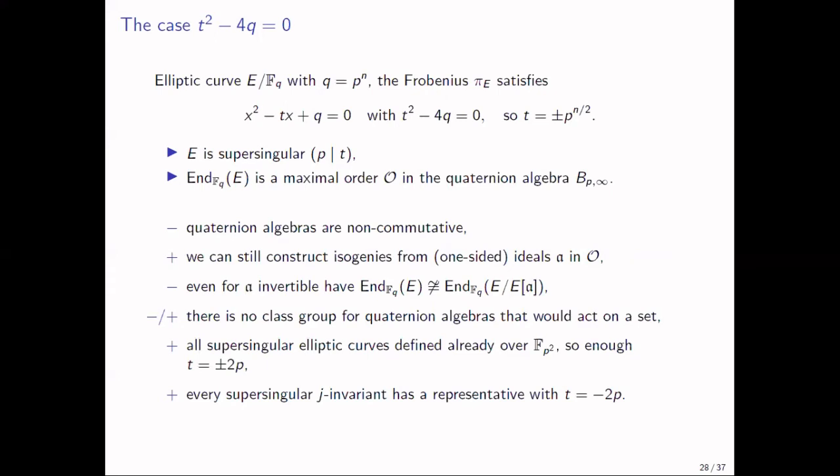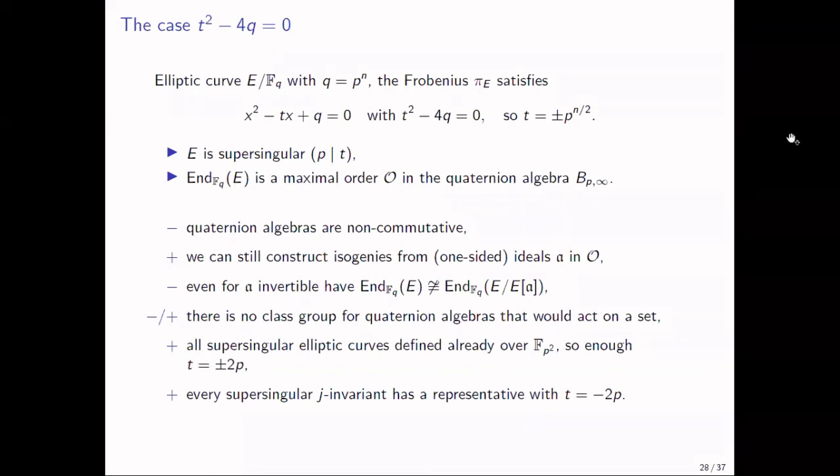And from what I told you about the endomorphism rings, in this case the endomorphism ring is a maximal order in a quaternion algebra ramified at p and infinity. And there are some mixed blessings coming out of this.